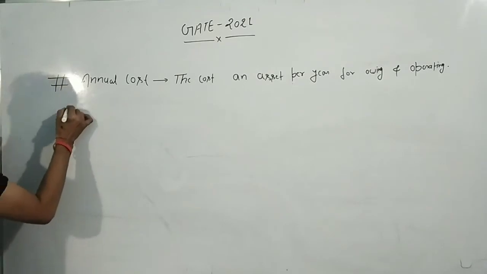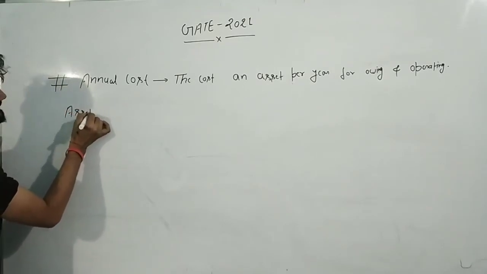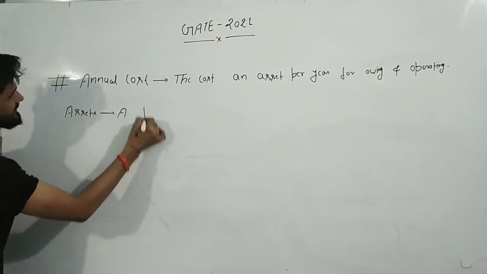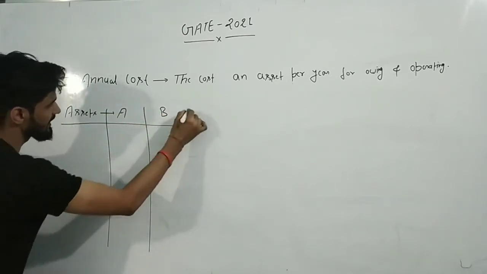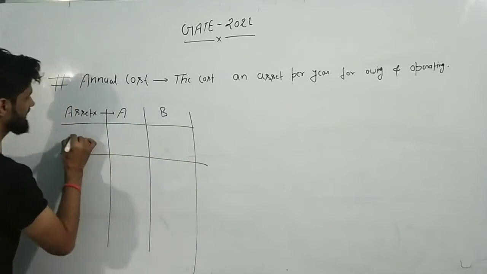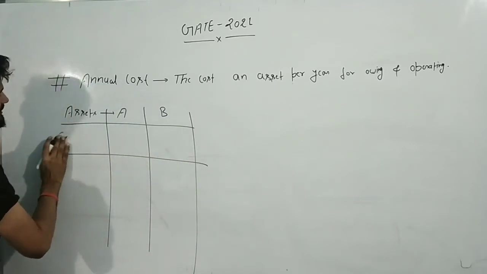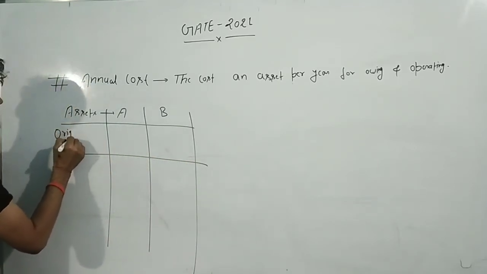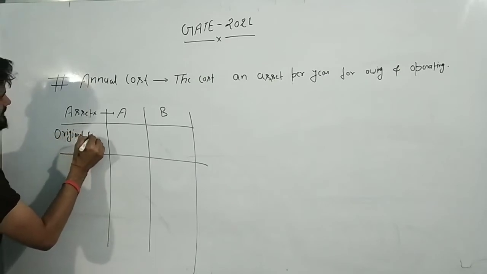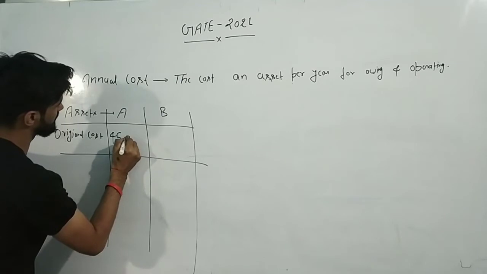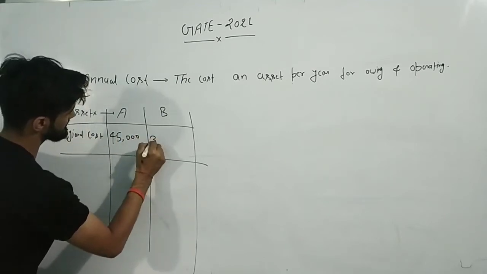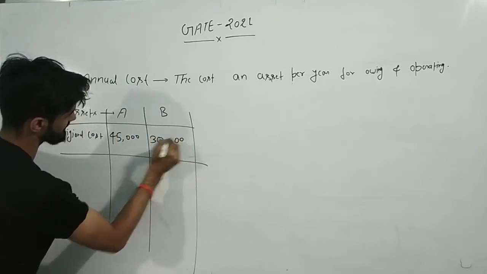asset. Just like I am taking two assets, asset A and asset B. For asset A, present original cost I am writing. Original cost for this asset is equal to 45,000. For asset B it is 30,000.